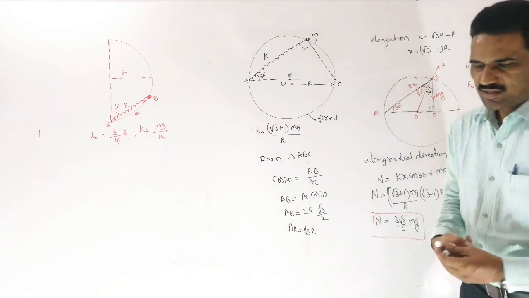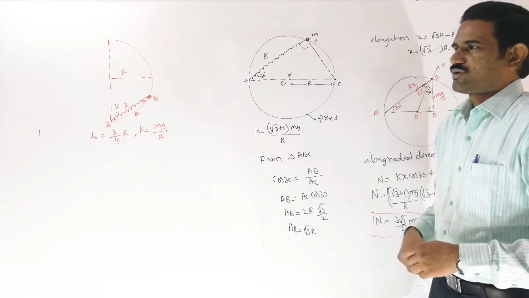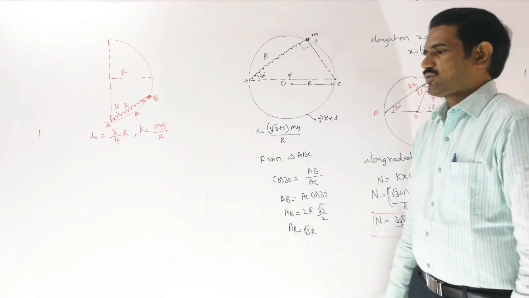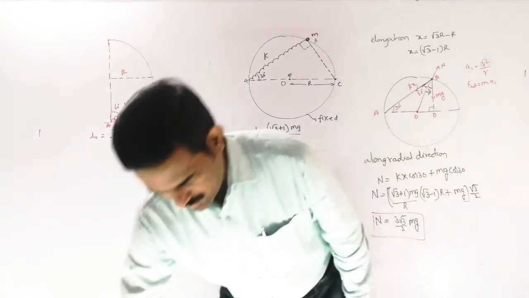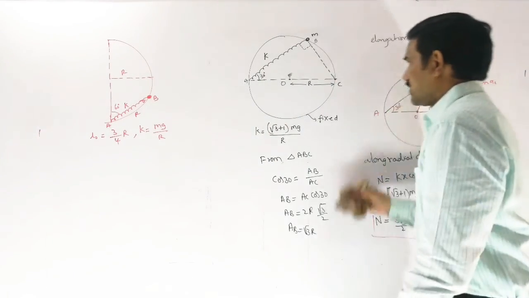A smooth semicircular track of radius r is fixed in a vertical plane.